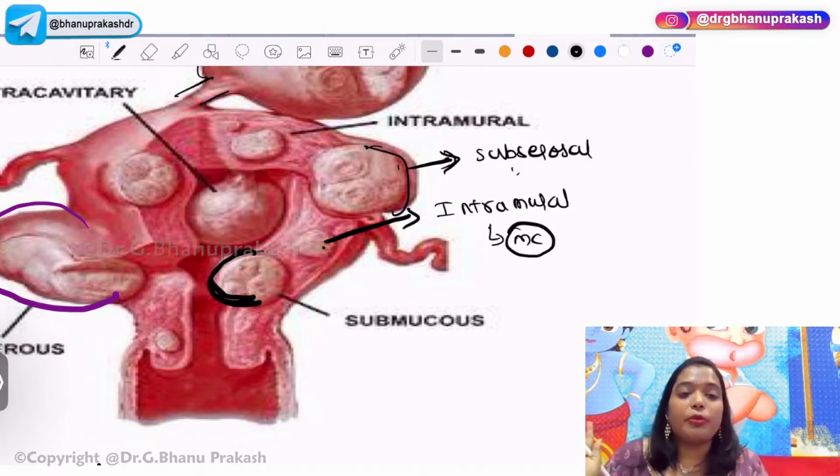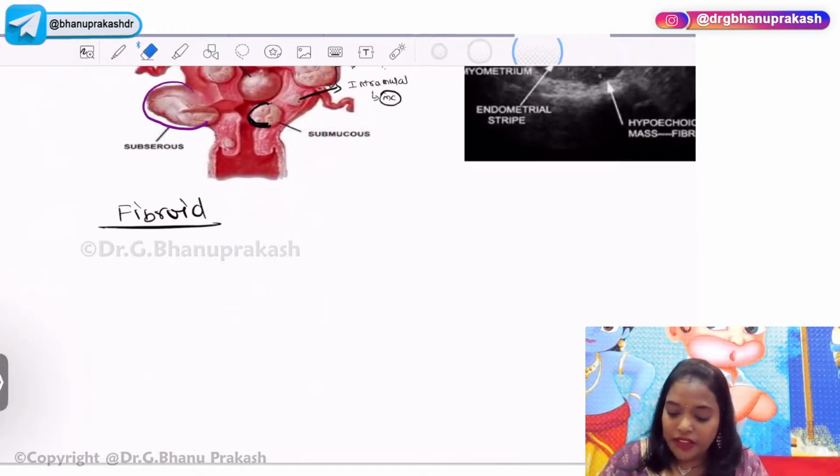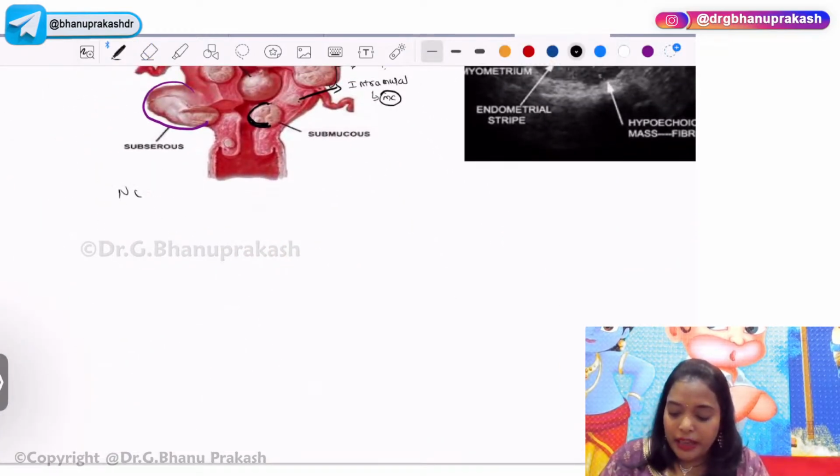Most common is intramural. What is the most common degeneration in the fibroid? Fibroid is mainly seen in nulliparous. It is both estrogen and progesterone dependent. Yes, most common degeneration is hyaline degeneration.